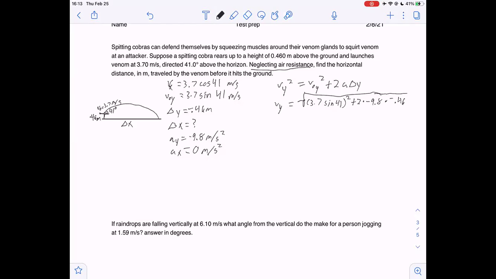Giving you what for your final velocity? Would it be 3.9?